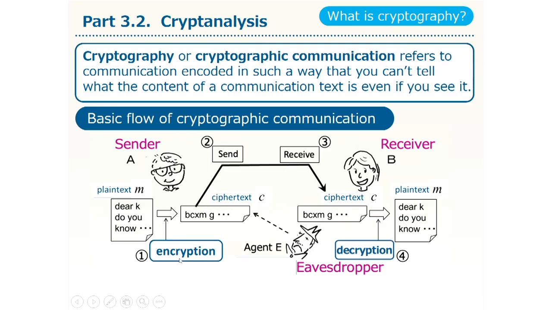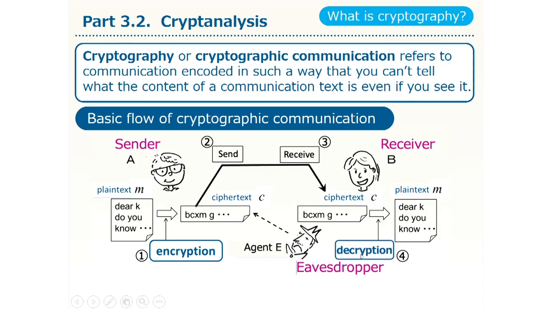Then this ciphertext is sent to B, receiver B. Upon receiving the ciphertext, receiver B restores the ciphertext to the original plain text. This is called decryption. This is the main flow. That is, first encryption, second send, third receive, and fourth decryption.